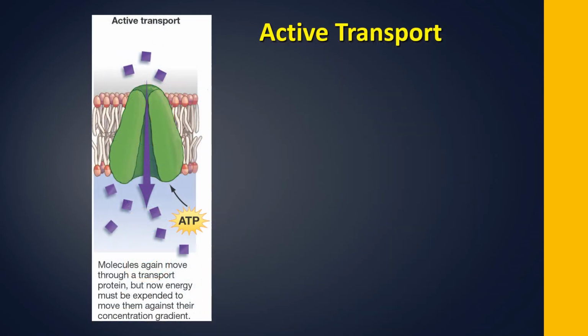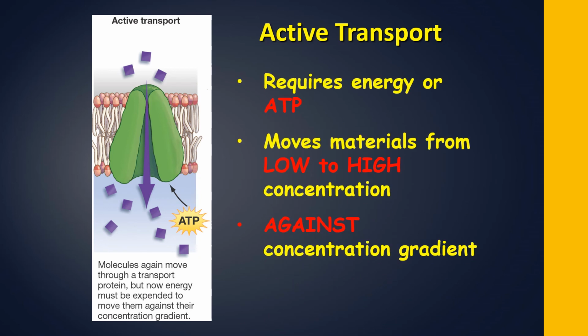Sometimes substances move from a region of lower concentration to a region of higher concentration, against the passive movement from higher to lower concentration. This movement of substances across the plasma membrane against a concentration gradient requires what we call energy, or ATP, and this is called active transport.